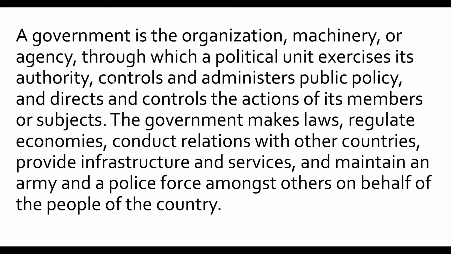And if I look at the next sentence, it says the government makes laws, regulates economies, conducts relations with other countries, provides infrastructure and services, and maintains an army and a police force, among others, on behalf of the people of the country. So a government is a political unit that exercises its authority, right? Now I can understand, of course, making laws, regulating economies.